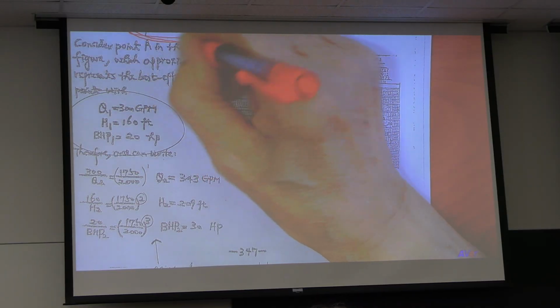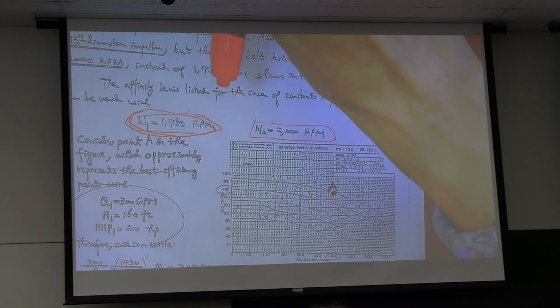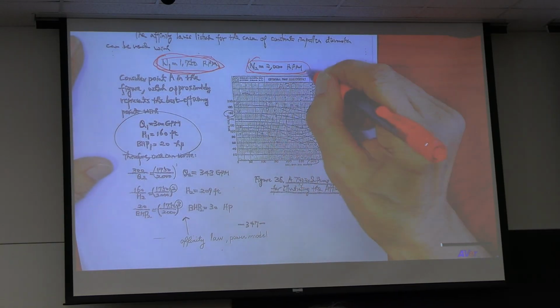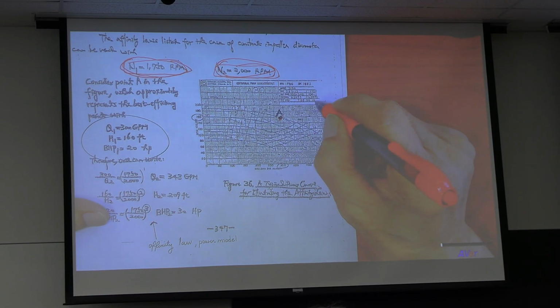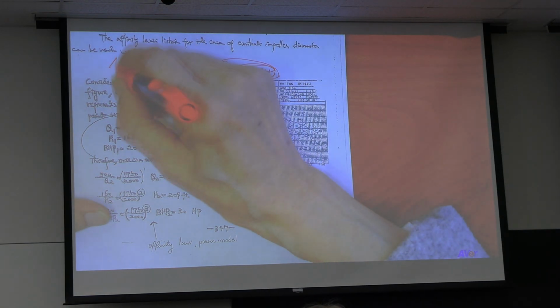Available 1750. You want 2,000 RPM. This pump curve is 1750.